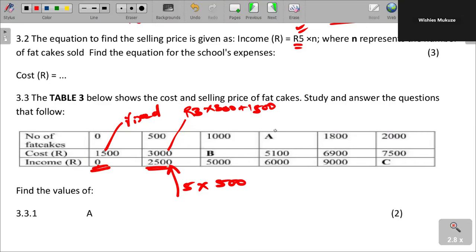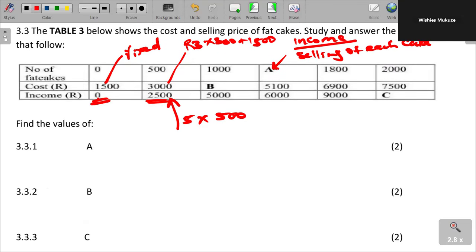A is equal to income over the selling price of each cake. That is how these figures are calculated, class. I'm sure we can make sense of them.